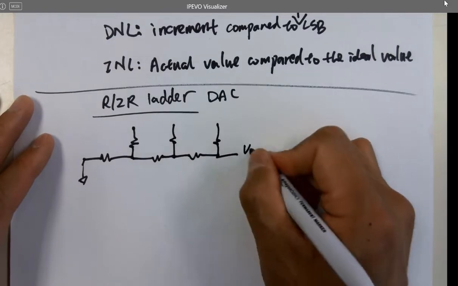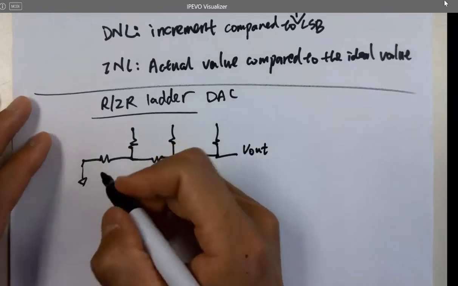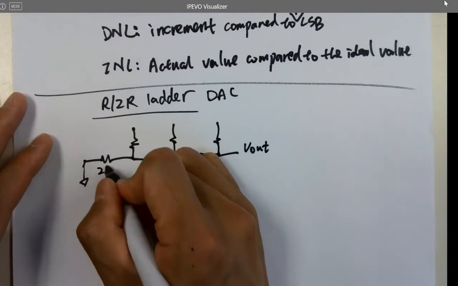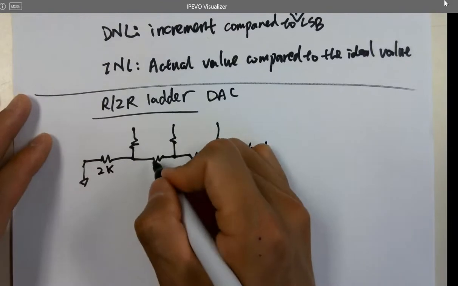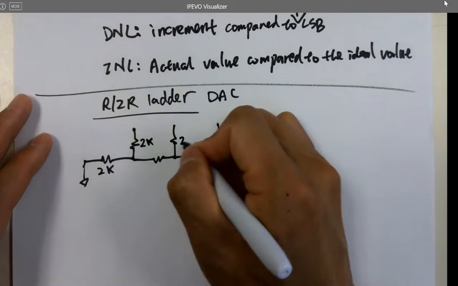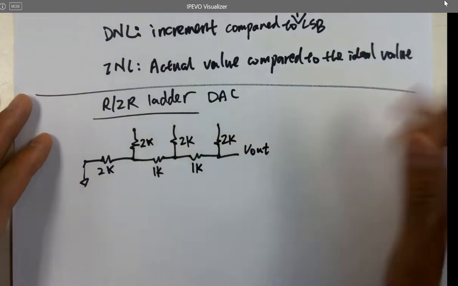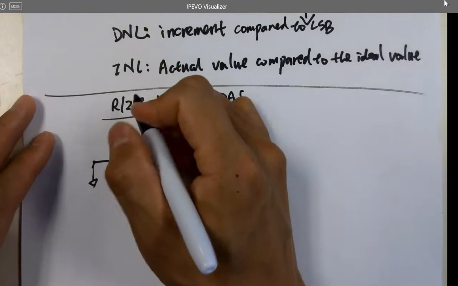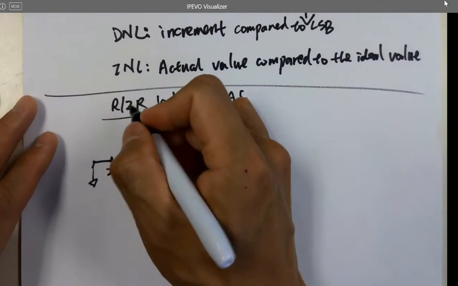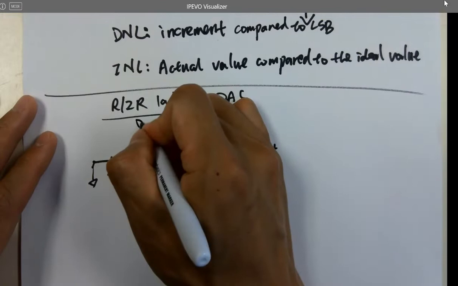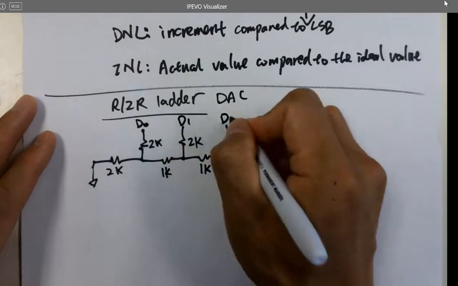Here's VL. R2R means we have 2K here, then 2K, 2K, 2K, 2K, and 1K here. And these are the digital outputs, D0, D1, D2.